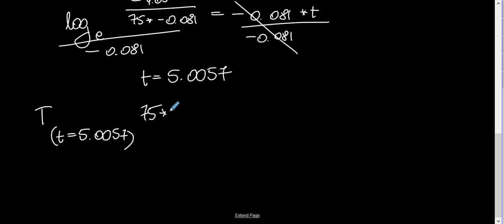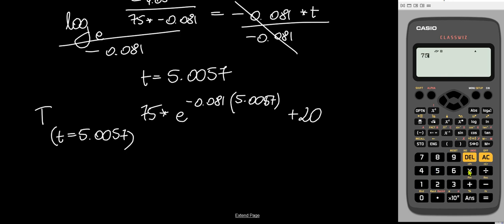T and t, too many t's. And it's not really about the tea, the question is about coffee, not tea. 5.057 plus 20. So we put that in the calculator: 75 multiplied by e to the power minus 0.081 multiplied by 5.057, and then plus 20.